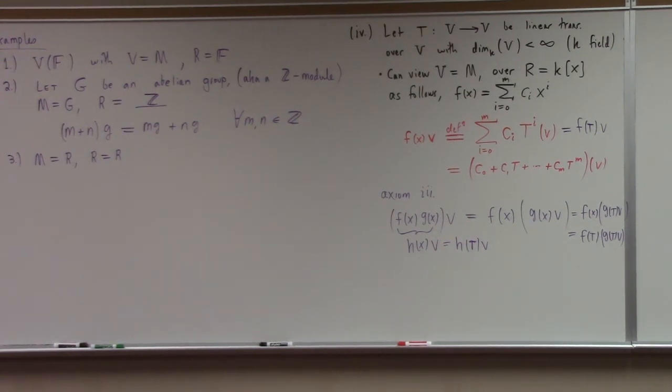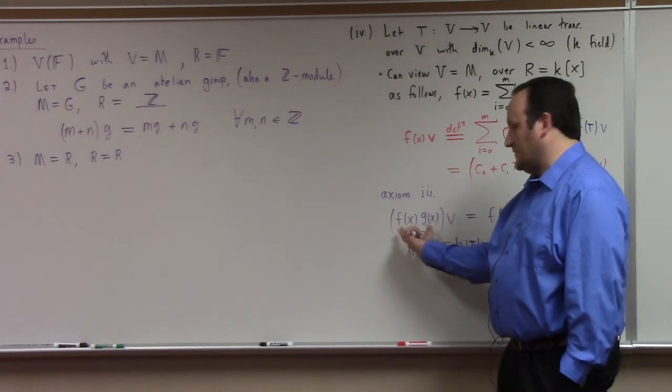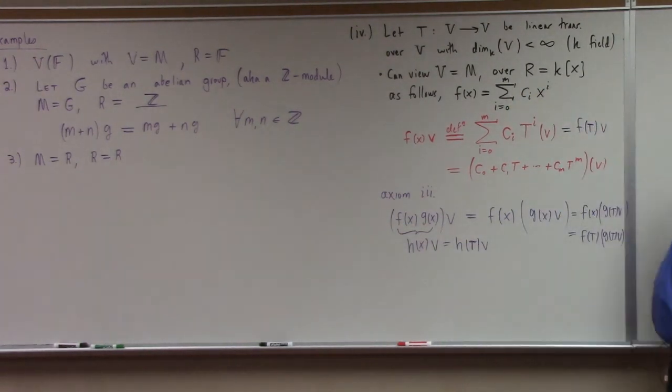Well, it's a little bit more than that, I suppose. It does have to do with the fact that if k was not commutative, we'd be in trouble. It's important that we're taking polynomials over a field here, so that multiplying these is the same as composing those.